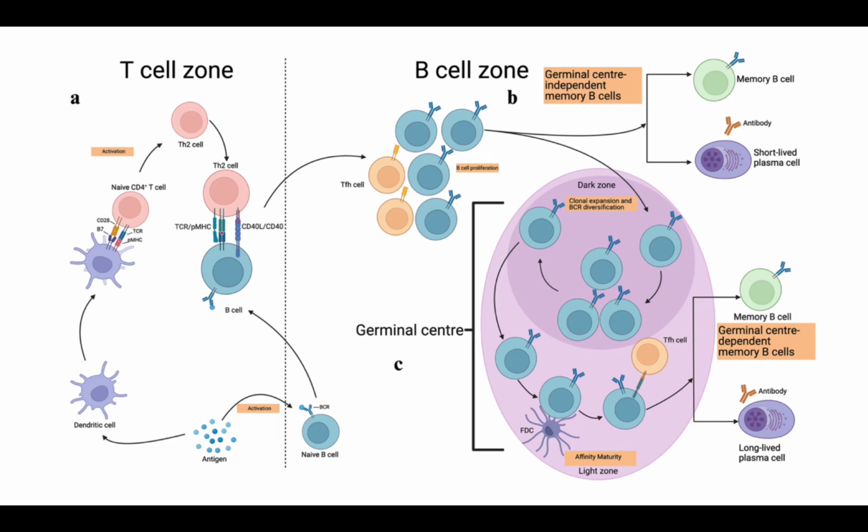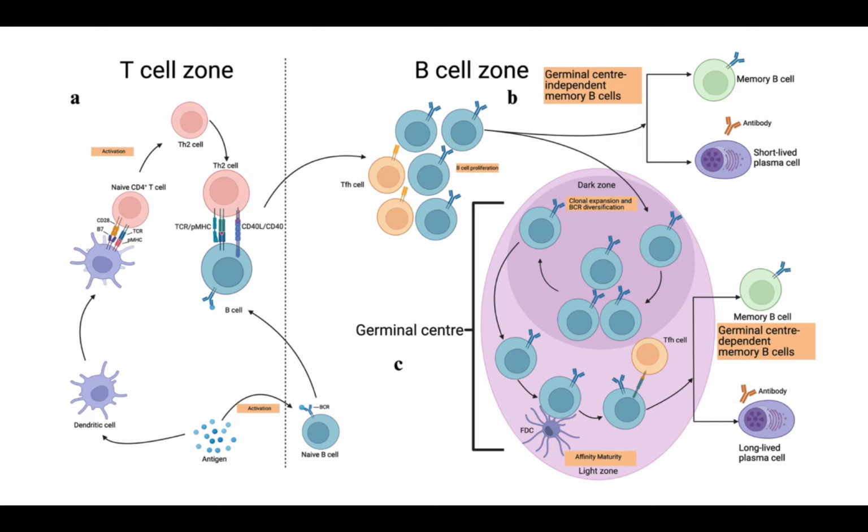In the germinal center, there's a dark zone and light zone with the expression of certain markers on their surface. These cells get activated, and affinity maturation and clonal expansion occur, as well as BCR diversification. When these cells move out of the germinal center, they either become memory B cells or long-lived plasma cells.